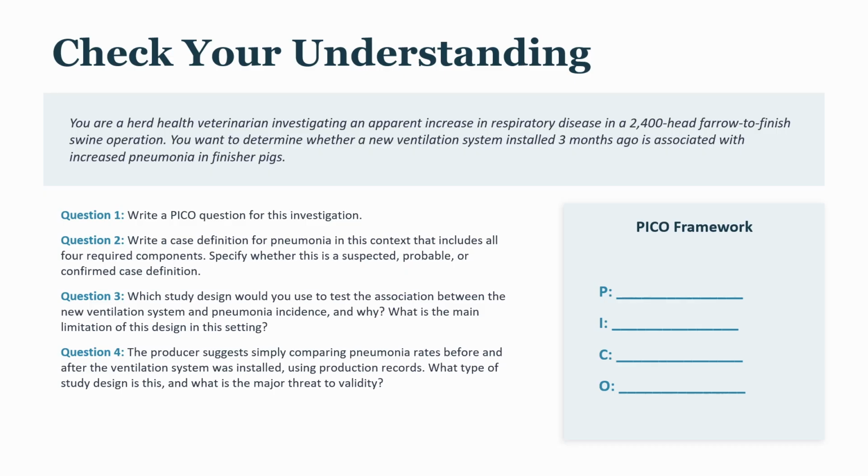Temporal criteria: onset within the finisher phase, 50 to 120 kilogram body weight, occurring during the 3-month post-installation surveillance period. Geographic criteria: housed in the finisher barn at this specific operation.